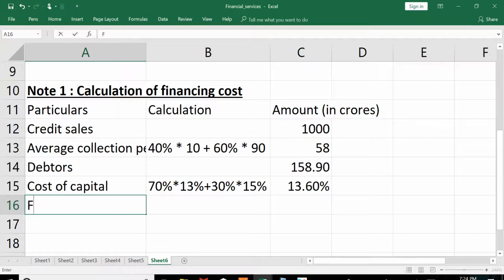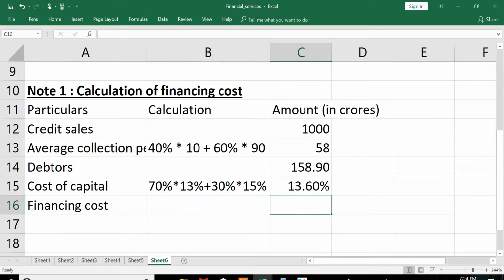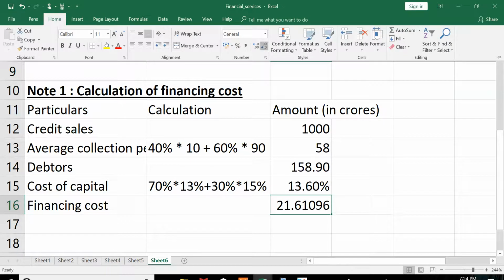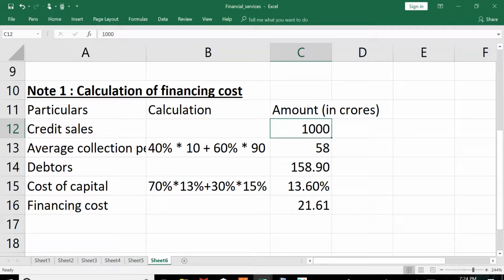And my financing cost is 158 crore into 13.6%. I need this much of funding. For the entire year, this is what my cost is going to be, 2 decimal.